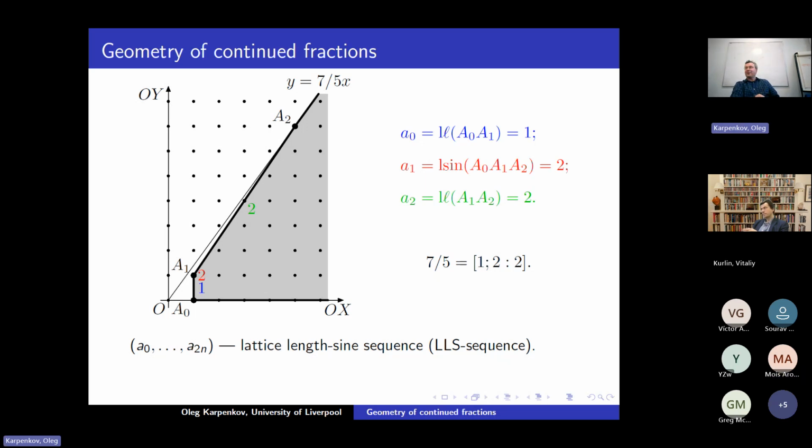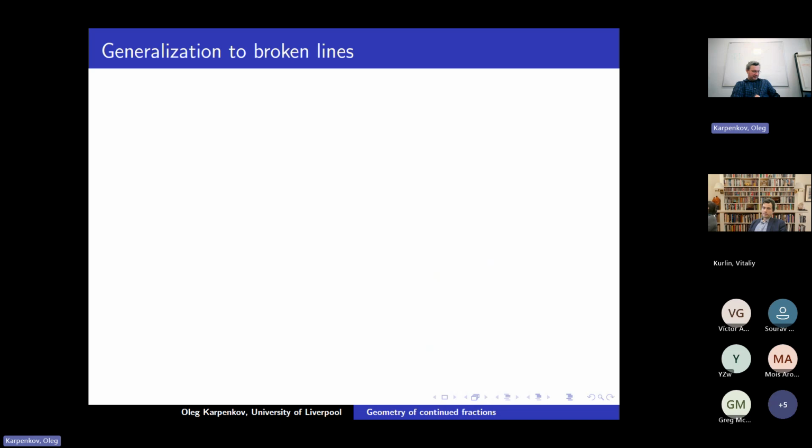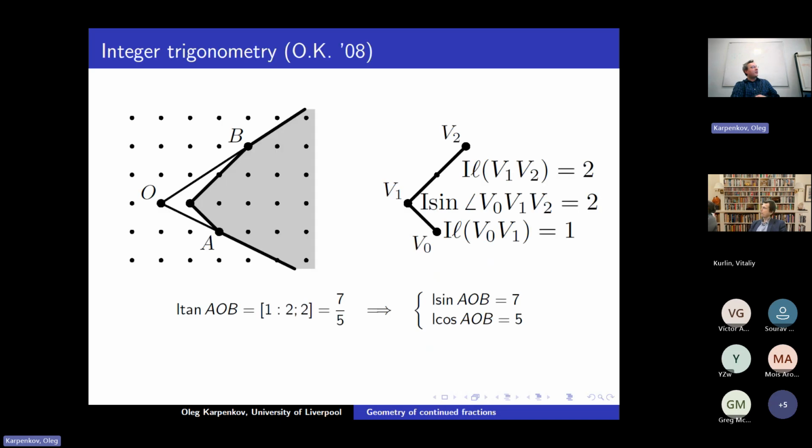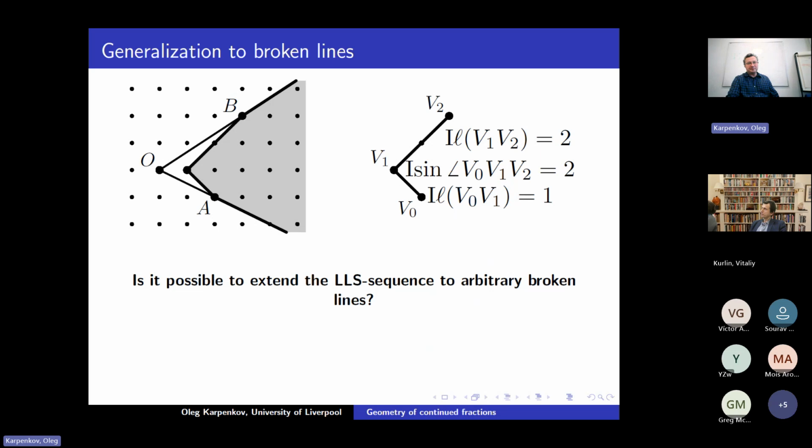Okay, so let's go back probably. Right. So, the generalizations to broken lines, probably I will go through very quickly. I would like to say that here we wrote this for the boundary of the convex hull, which is in a way convex.